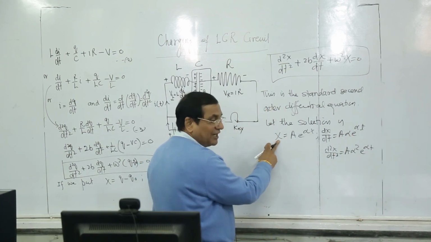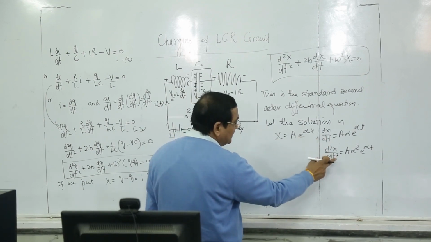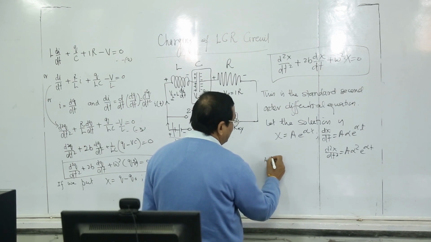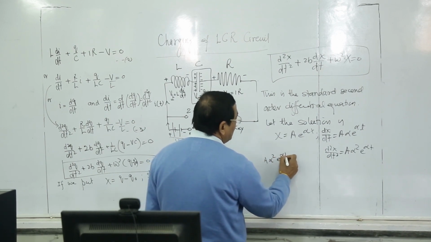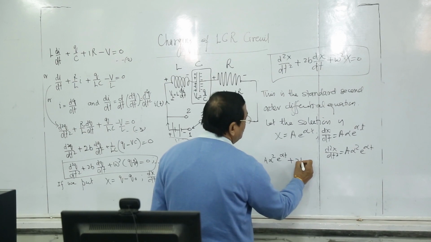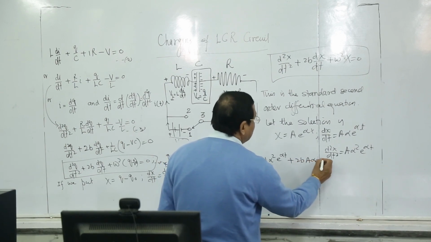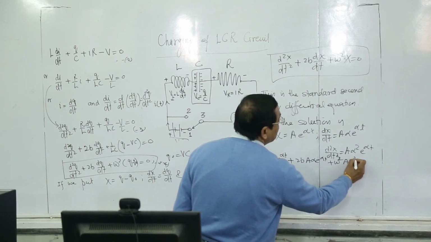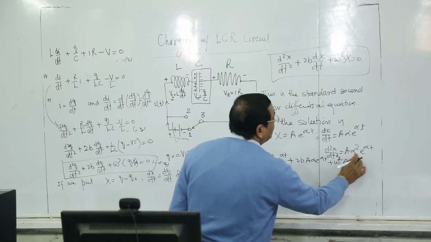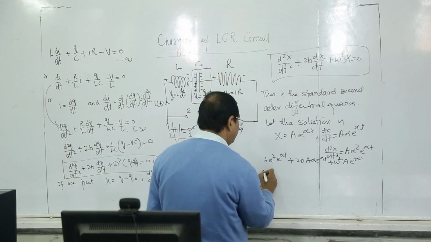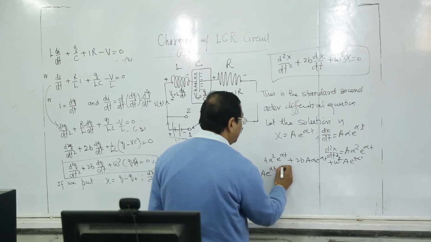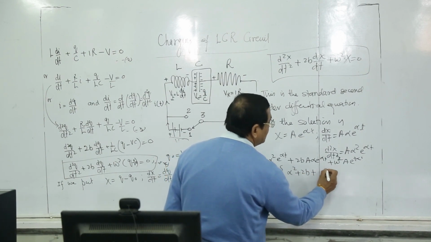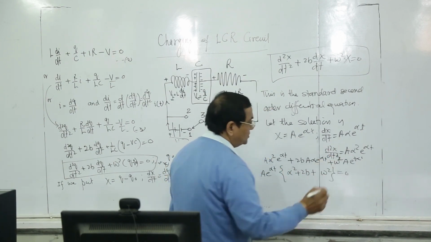Substituting the value of x, dx by dt and d2x by dt square in the above equation, we have a alpha square e raised to the power alpha t plus 2b a alpha e raised to the power alpha t plus omega square a e raised to the power alpha t. Taking e raised to the power alpha t common, it is alpha square plus 2b alpha plus omega square is equal to 0.